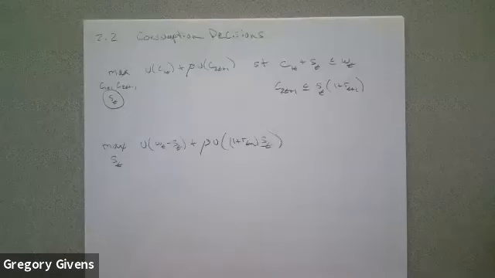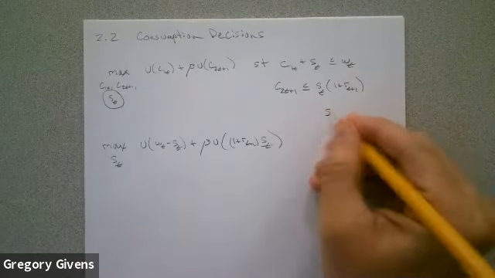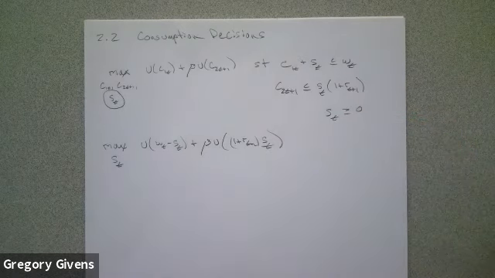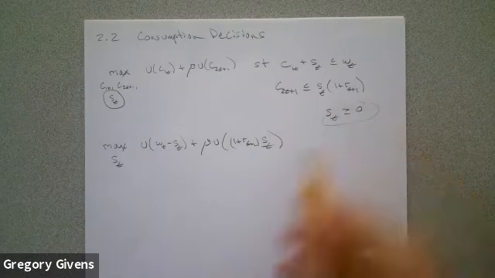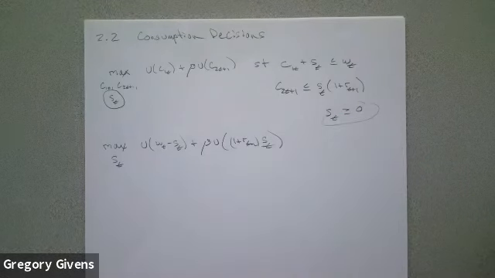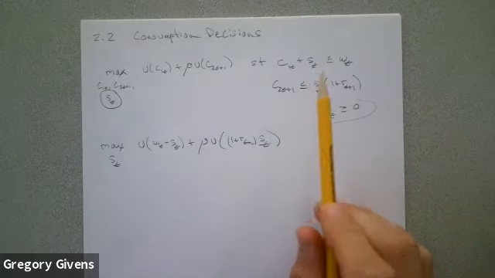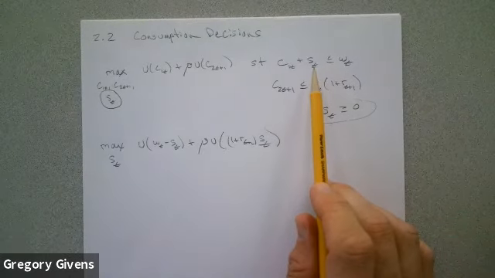The other thing, there's no borrowing in this model either, in the sense that S_t has to be greater than or equal to 0. Now, we actually don't have to impose this constraint on the problem, and why is that? Because think about it. Let's suppose we borrowed in the first period of our life by choosing a negative level of savings.